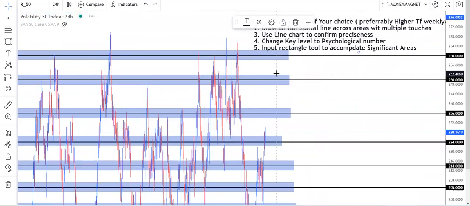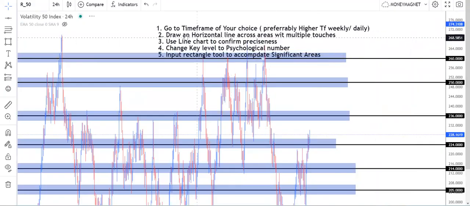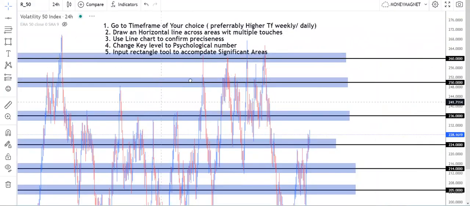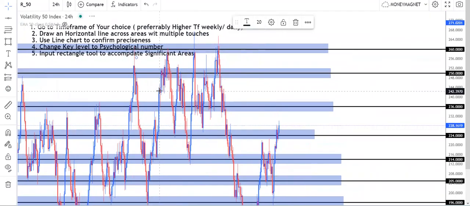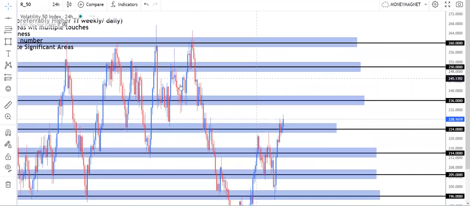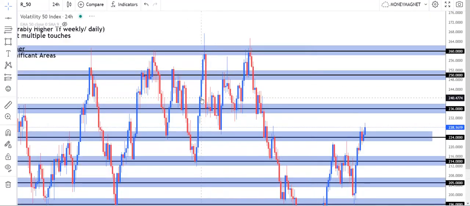Yeah, the 5 steps here. So you can go over the video as many times as possible and make sure you understand the concept very well. And then do your own practice and back testing, guys.